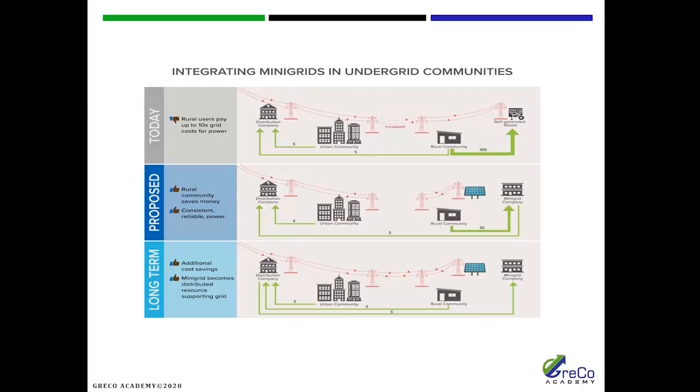How do we interconnect them together? That's going to be the long-term plan, which we believe is an additional cost saving. The mini-grid becomes a distributed resource supporting the grid, the unreliable grid.